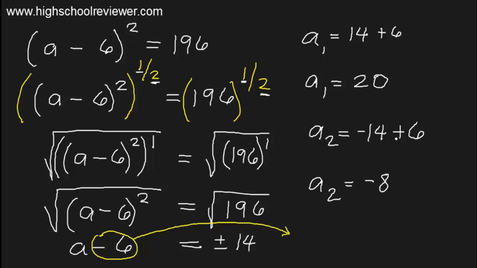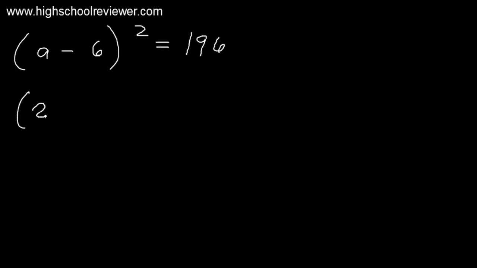Let us check if our answers are correct. So our equation is the quantity of a minus 6 raised to 2 equals 196. For our first value of a, which is 20, we have 20 minus 6 raised to 2 equals 196.